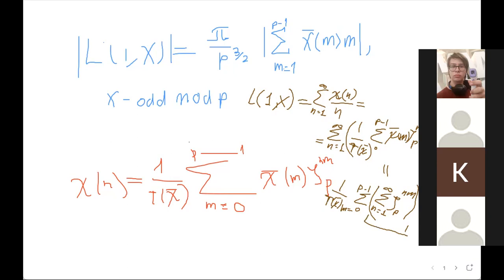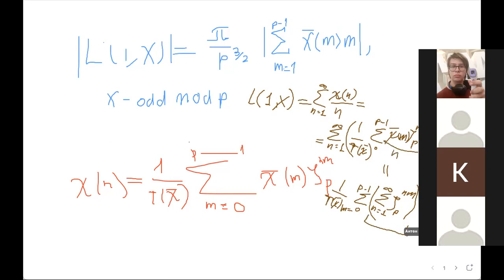Oh, something strange, it doesn't converge. You forgot 1 over n. I forgot 1 over n, thank you. And it converges to a logarithm, so we have a second sum.